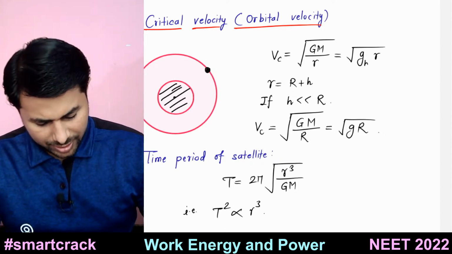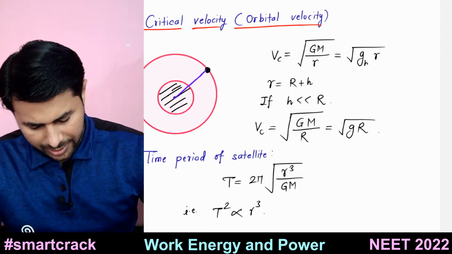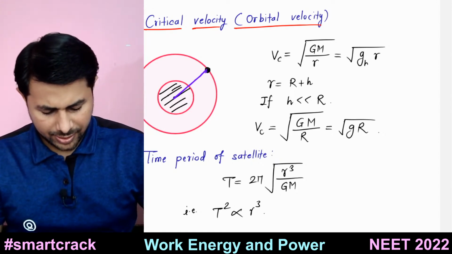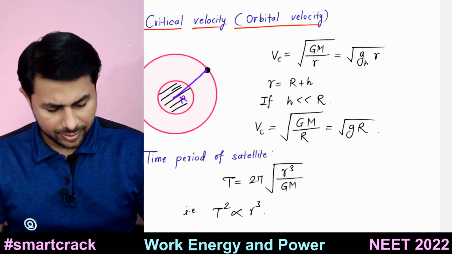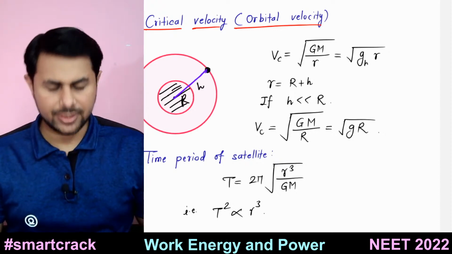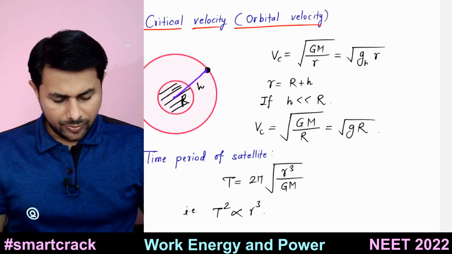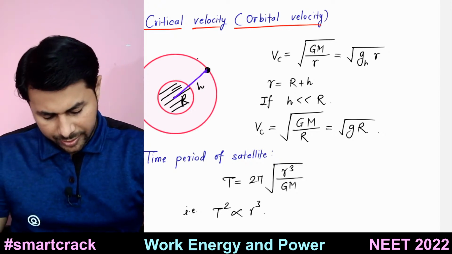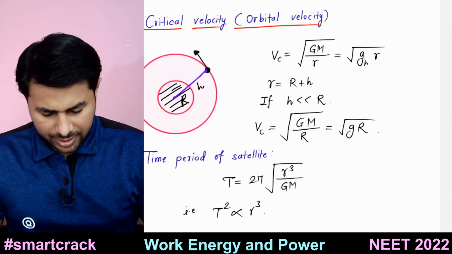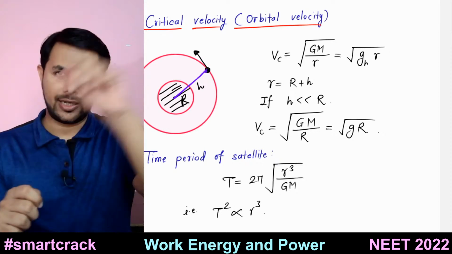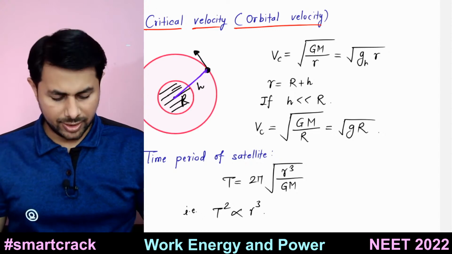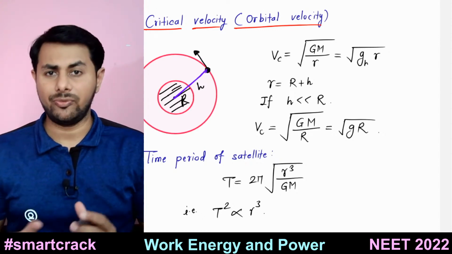Its distance is, suppose, R plus h, where capital R is the radius of Earth and h is its height. So what should be the velocity given to it, or here the tangential velocity at this point, so that it keeps on revolving in a circular orbit around Earth? That velocity is known as critical velocity, or it is also called orbital velocity.